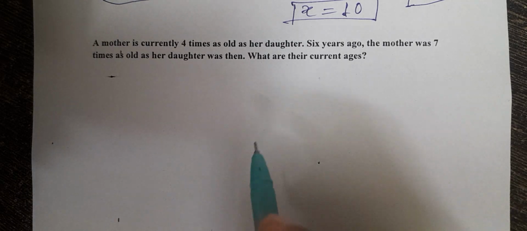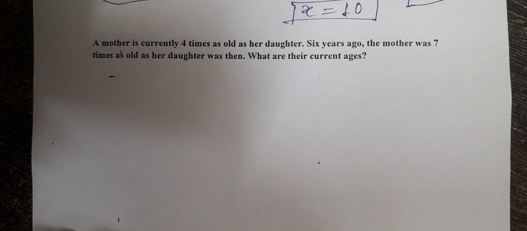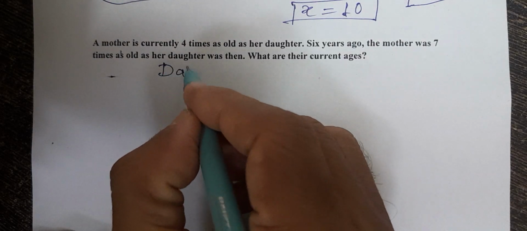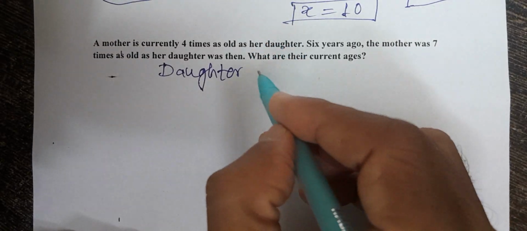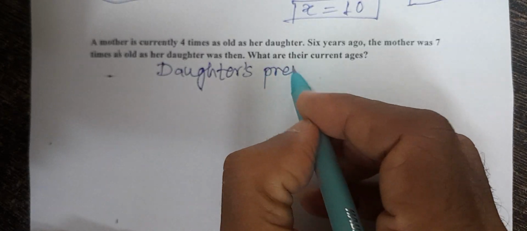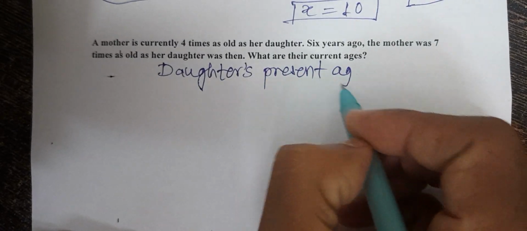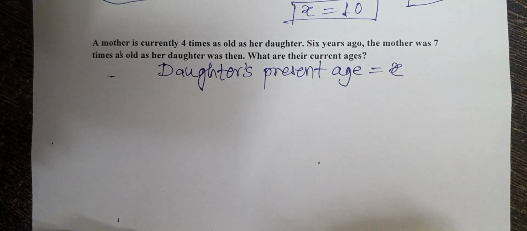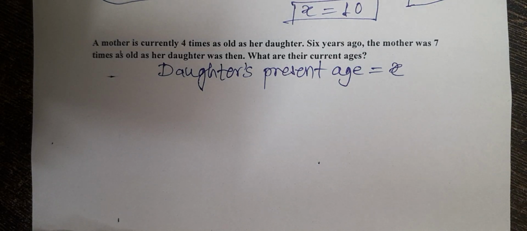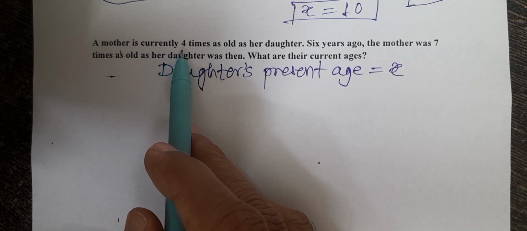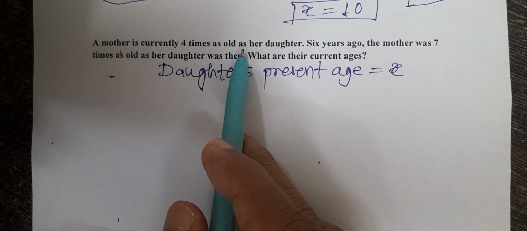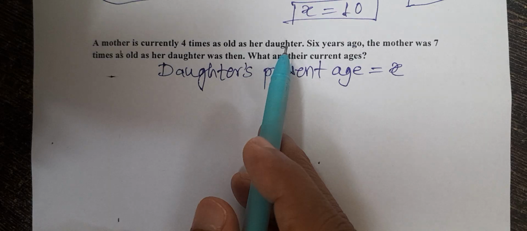So let us consider the daughter's present age is x years and mother is currently 4 times as old as her daughter.